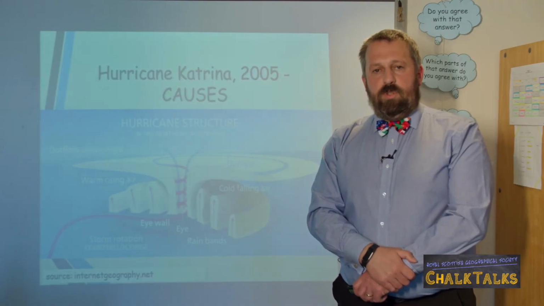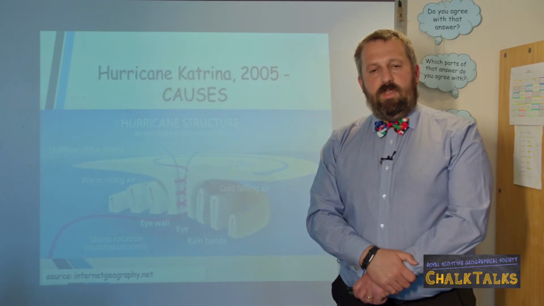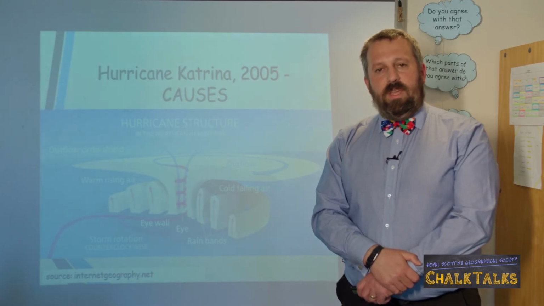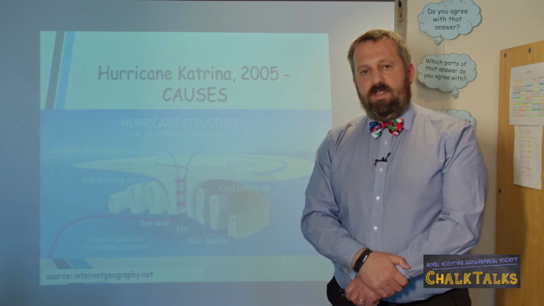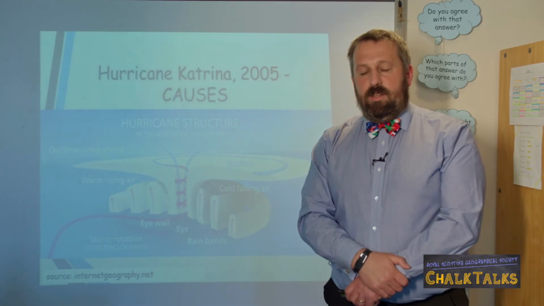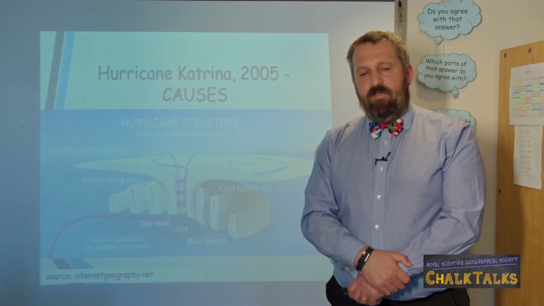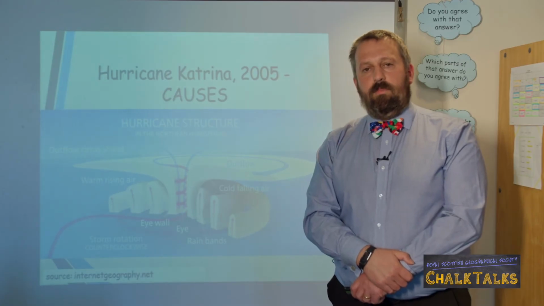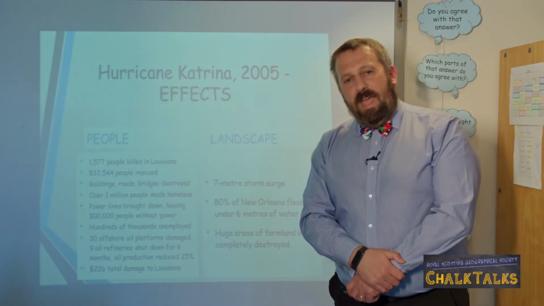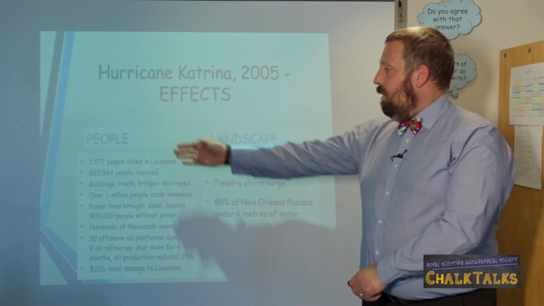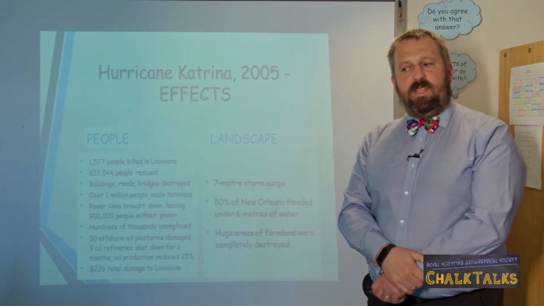As it then moved towards the southern states of the USA, it passed over the warm, shallow waters of the Gulf of Mexico, gaining in energy and strengthening until by the time it made landfall, it was a Category 5 hurricane. In terms of the impacts that this had on people and on the natural landscape.